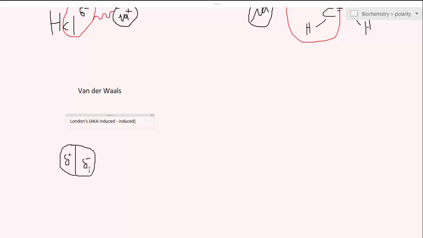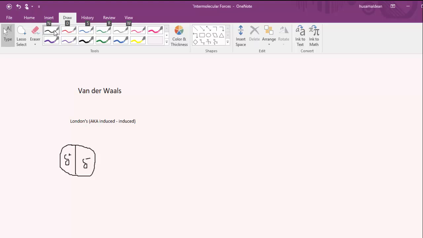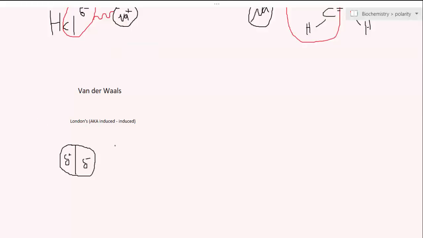This interaction is stronger the larger the molecule is. For example, let's draw these hydrocarbons. This one, 1, 2, 3, 4, 5, 6. This hexane will have, for example, more London interaction with other hexane than a butane with other butanes.